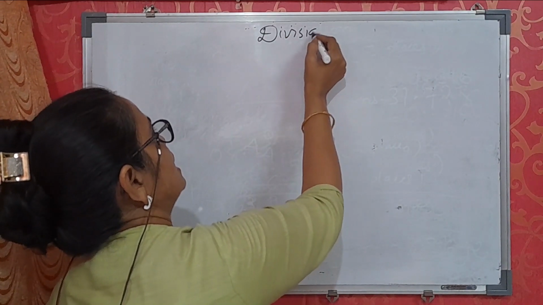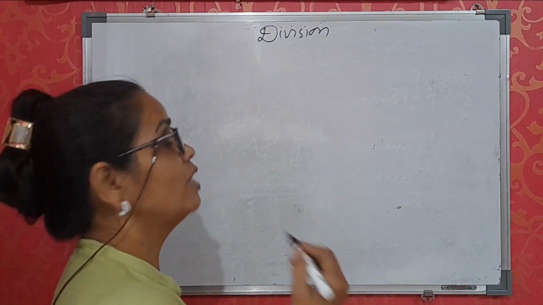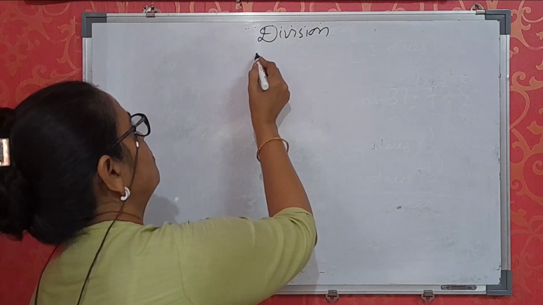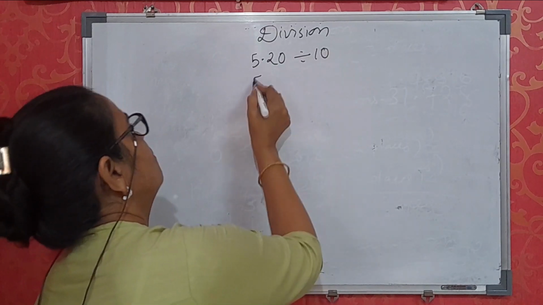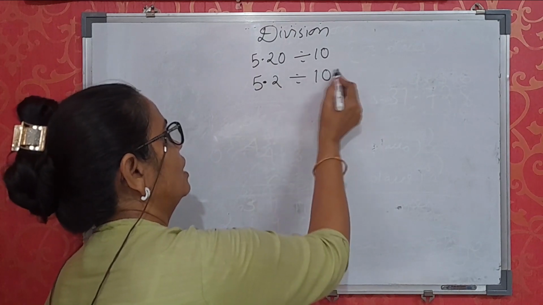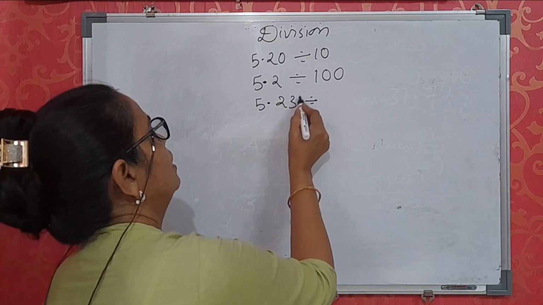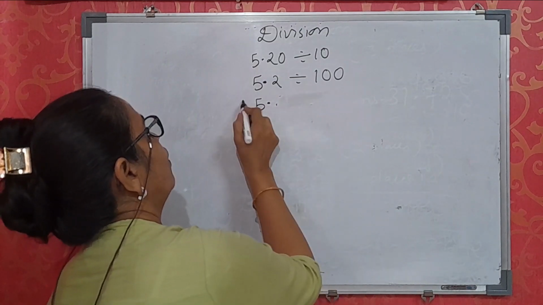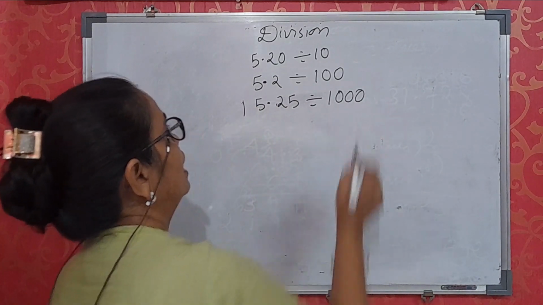Just use the skill of division. Now if you have to divide any decimal number by 10, 100, 1000, 10,000, suppose your number is 5.20 divided by 10, 5.2 divided by 100, 5.235 divided by 100, or else 15.25 divided by 1000.